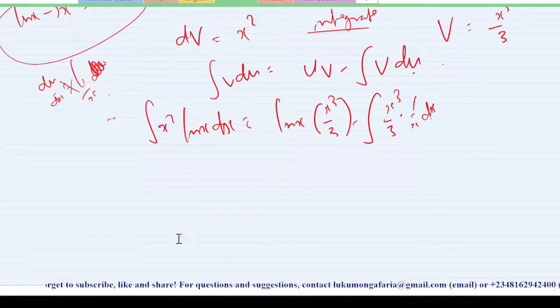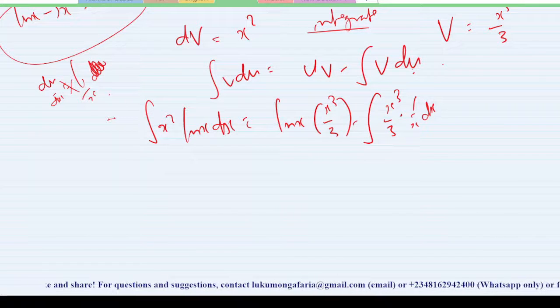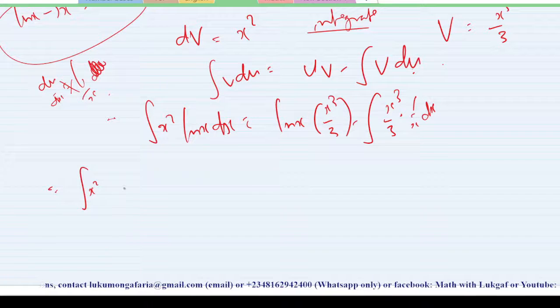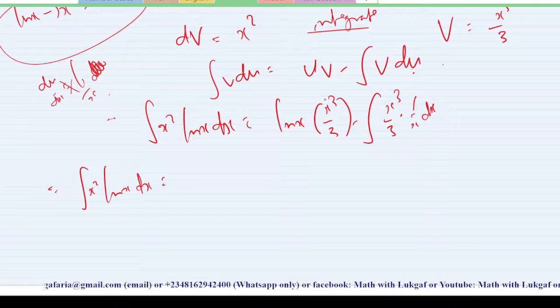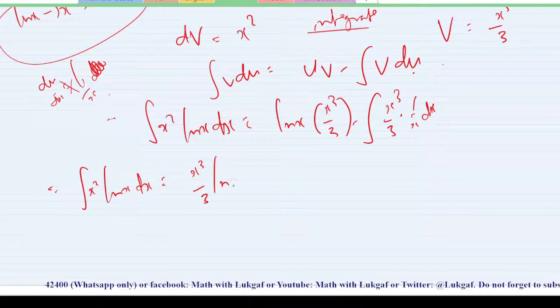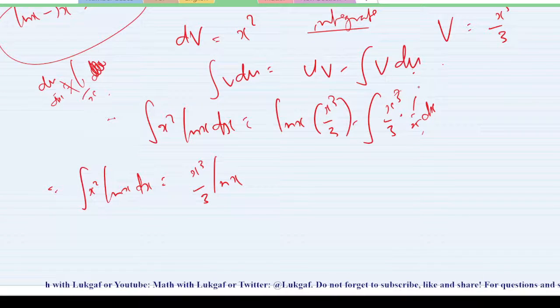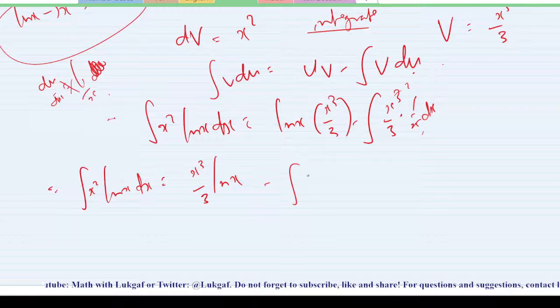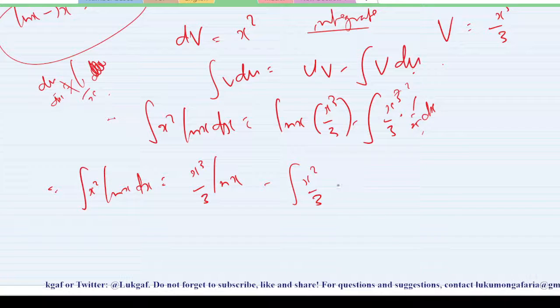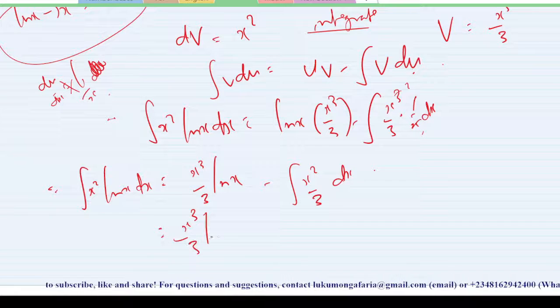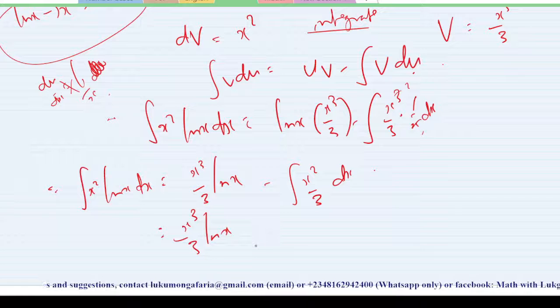Okay, now if you do the substitution, then I'm going to have integral x square ln x dx is going to be x cube over 3 ln x. Then this cancels one of these, then minus integral x square divided by 3 dx. Don't forget, if you want to integrate with respect to a particular variable, you take out the constants.